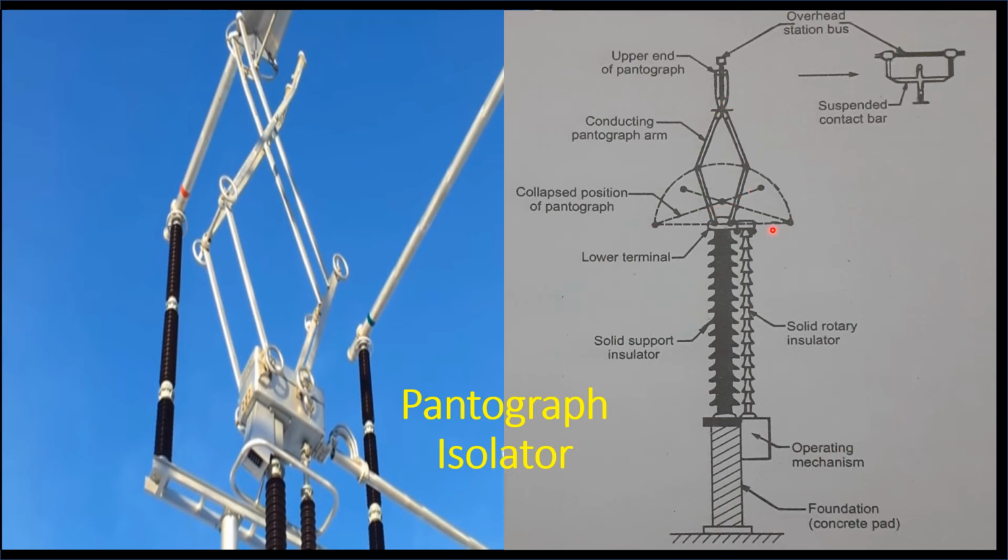While opening, the rotating insulator column is rotated about its axis. Thereby, the pantograph blade collapses in a vertical plane and vertical isolation is obtained in such operation.